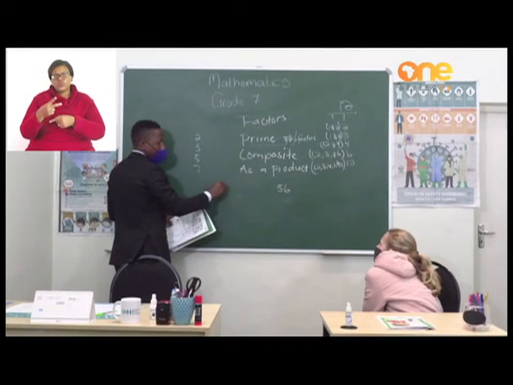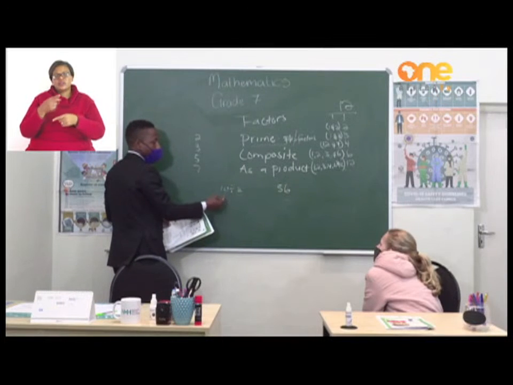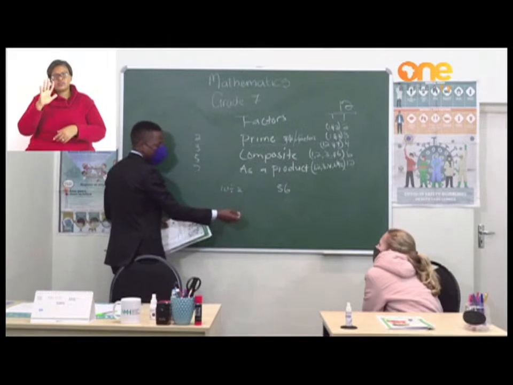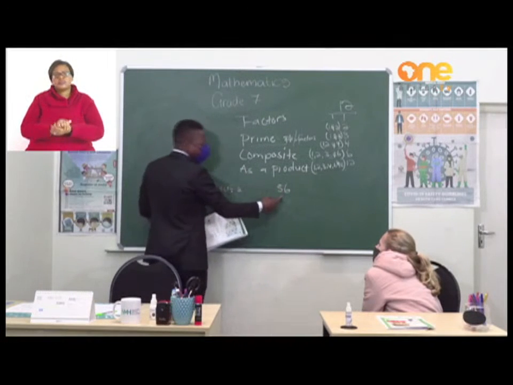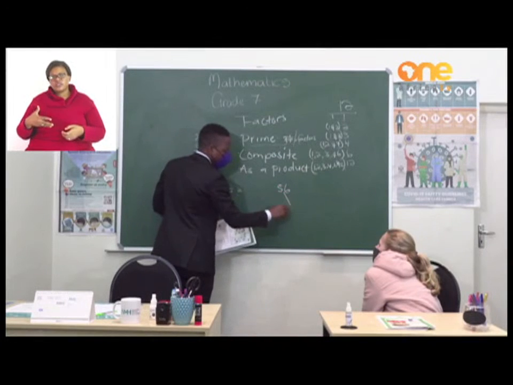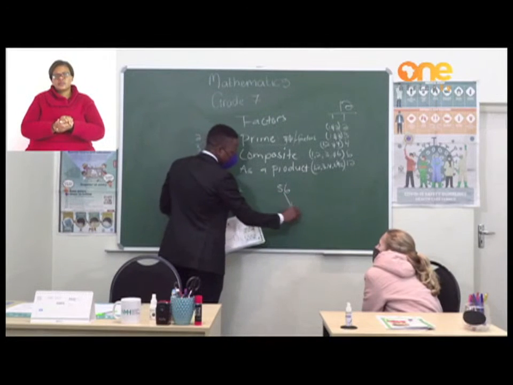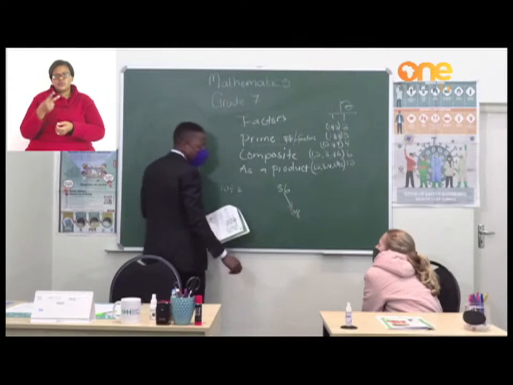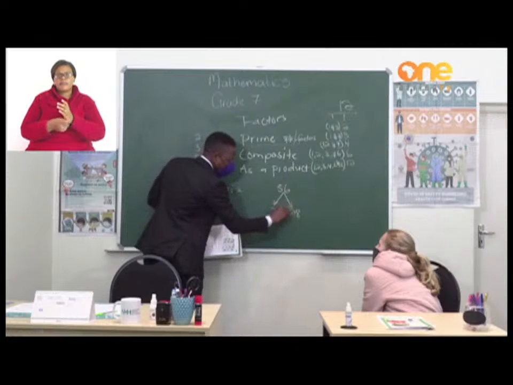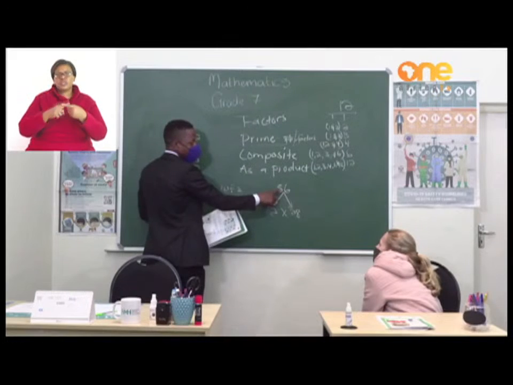Just an example, 10 divided by 2 gives you 5. So it's the same as saying half of 10 is 5. So in this case, we need to halve it. If you have 56, you get 28. It means if I multiply 2 times 28, it must give me 56.